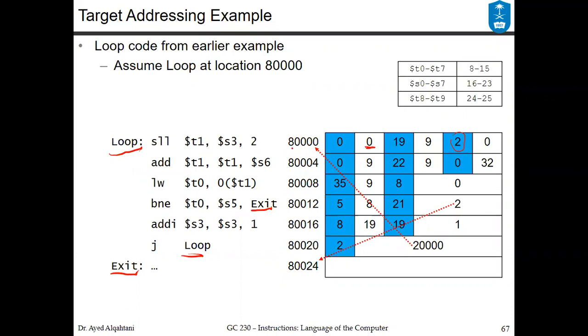Notice that we started this loop at the location 80,000. So we started at this location. The next instruction is 4 more bytes. The next one is 4 more, so it's 8, and then 12, and 16, and then 20, and then 24.